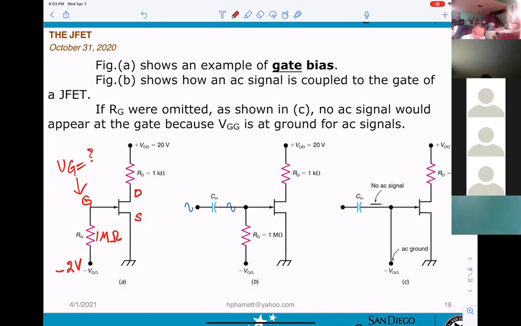However, how come it equals minus 2? Zero gate current, because the resistor is 1 megohm. I gave you that example here.